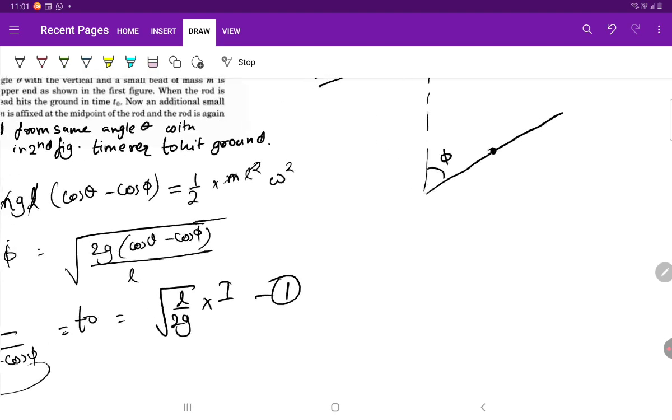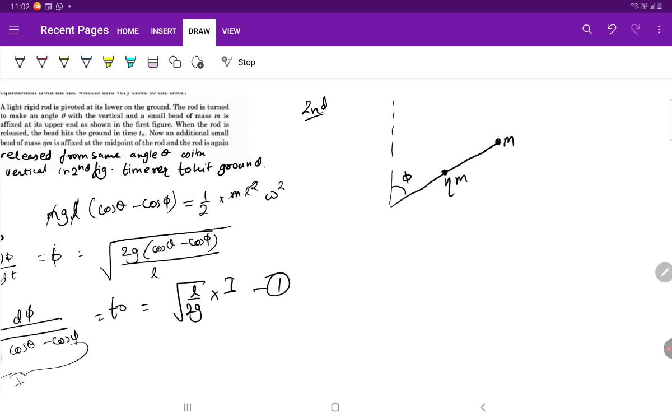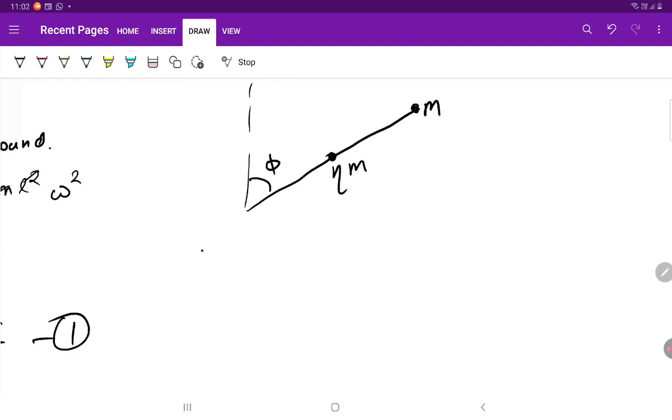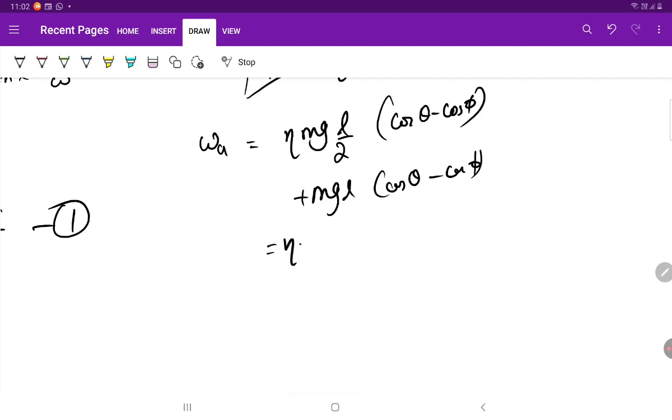Eta m is affixed at the midpoint, and a mass small m is affixed at the end. So work done by gravity can be written as eta mg l by 2 (cos theta minus cos phi) plus mgl(cos theta minus cos phi), which gives (eta plus 2) by 2 into mgl(cos theta minus cos phi).